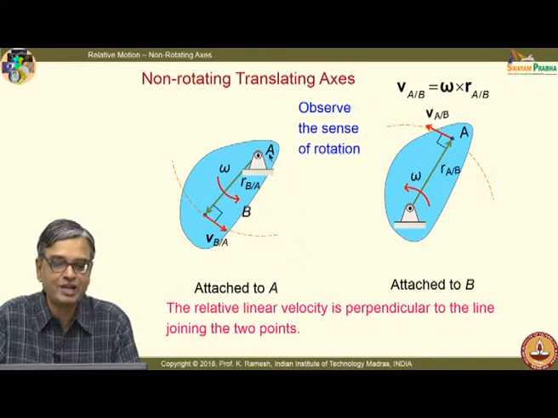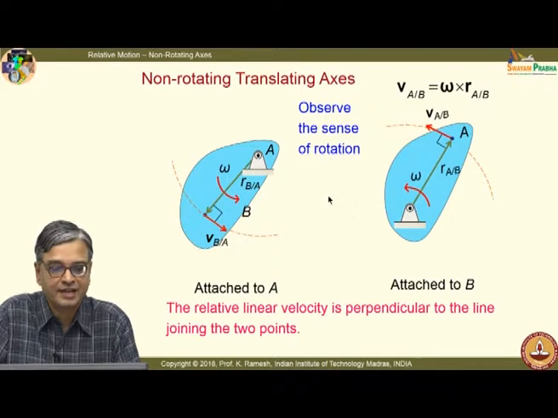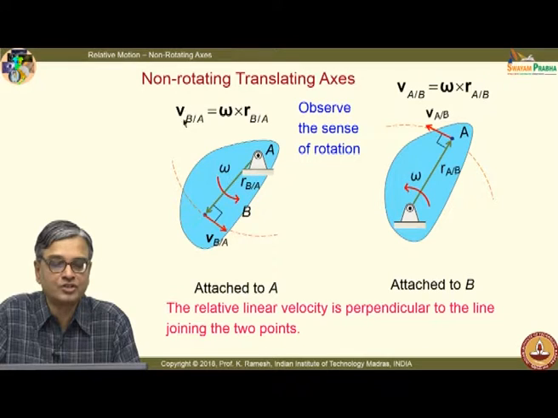This is to aid your visualization. And you can calculate the velocity V_B with respect to A as omega cross r_B/A, and this is again perpendicular to the line joining A and B.